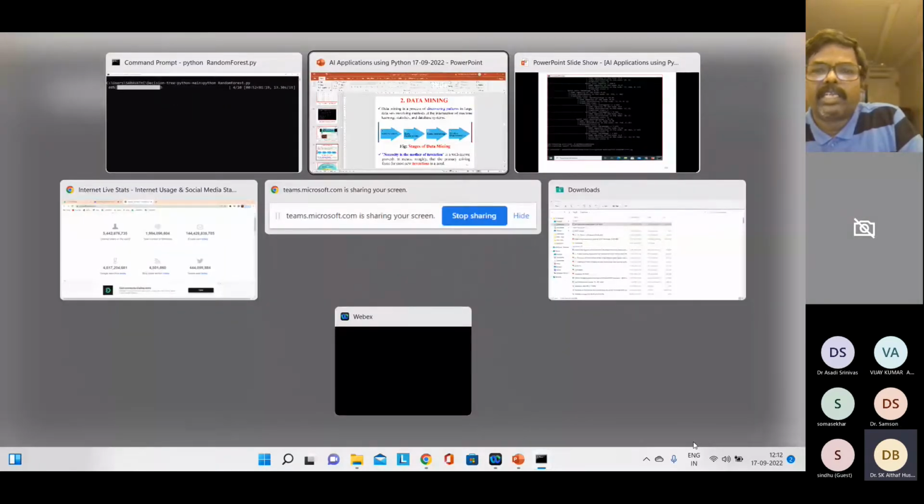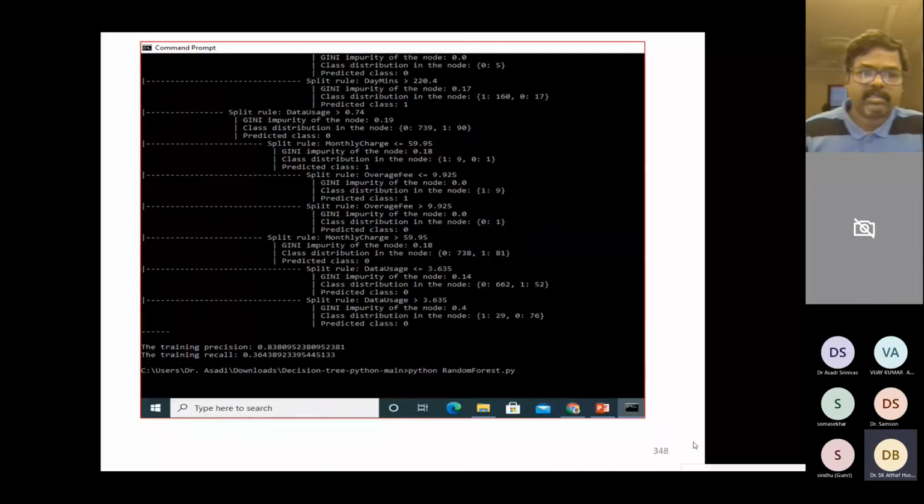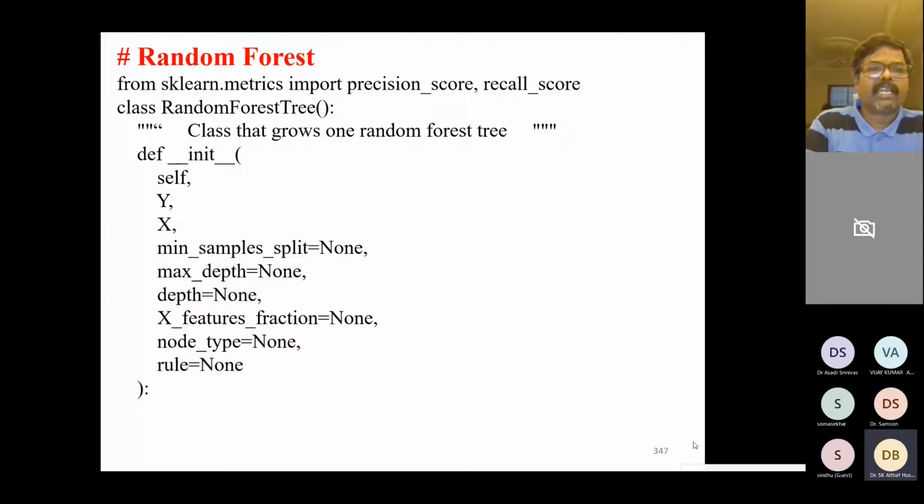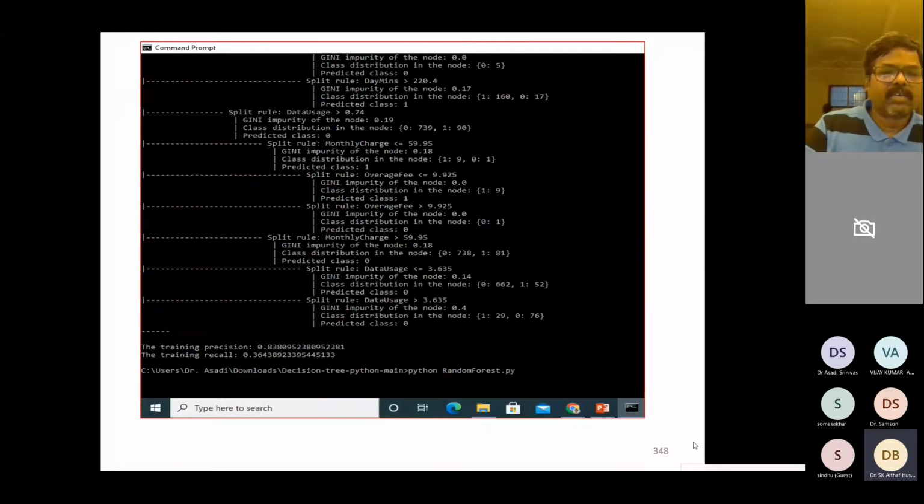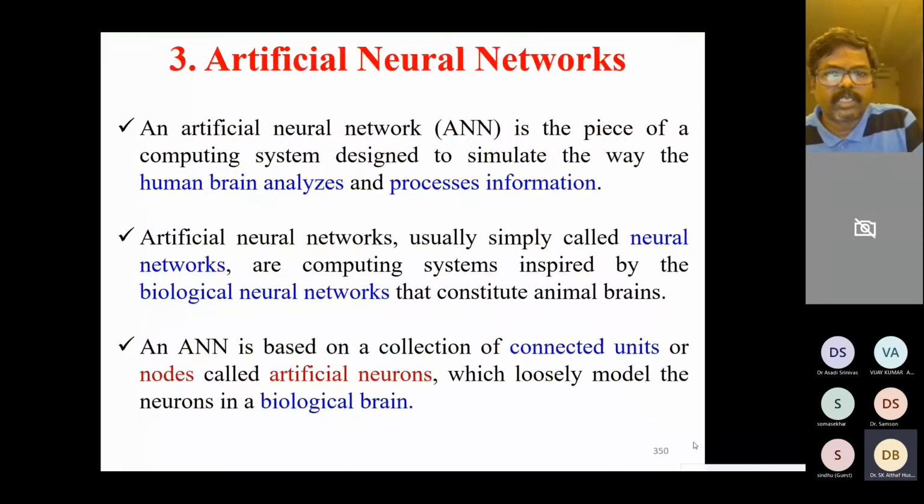Okay, and see here, this is the random forest algorithm. I have used the sklearn package. This is the output, 83.89. I got it. So next, I am going to show you.